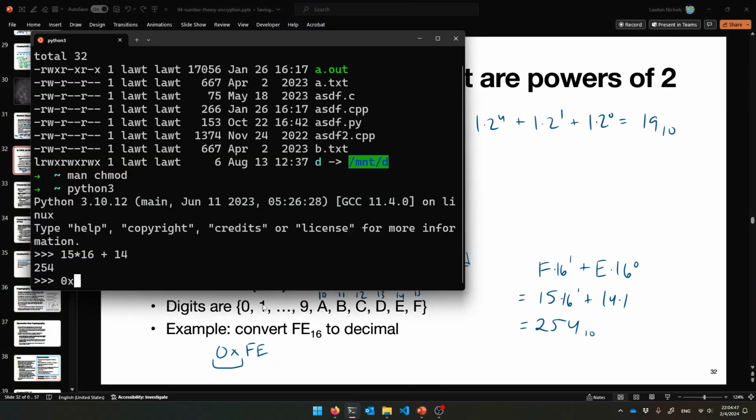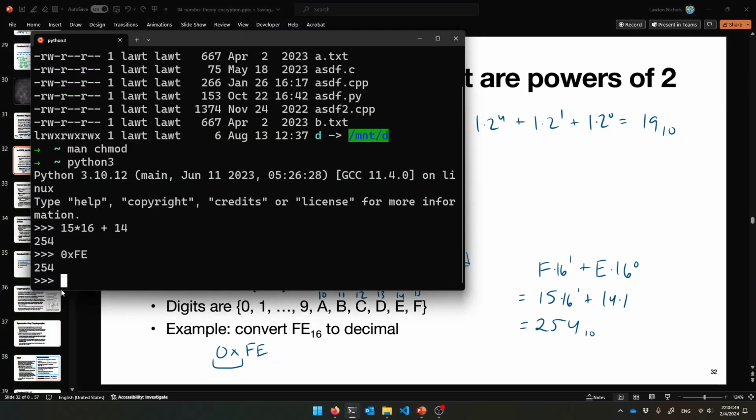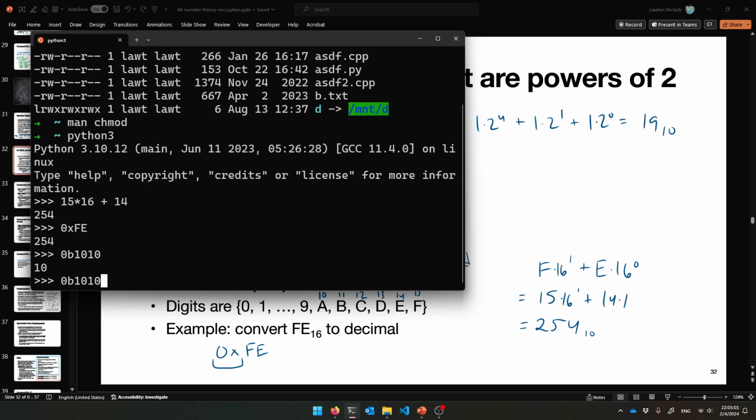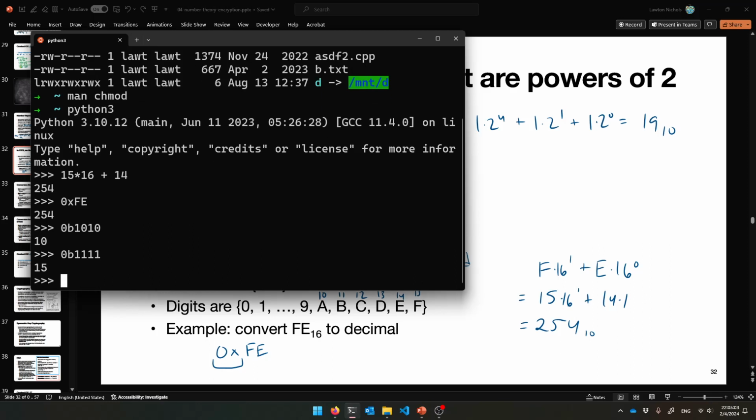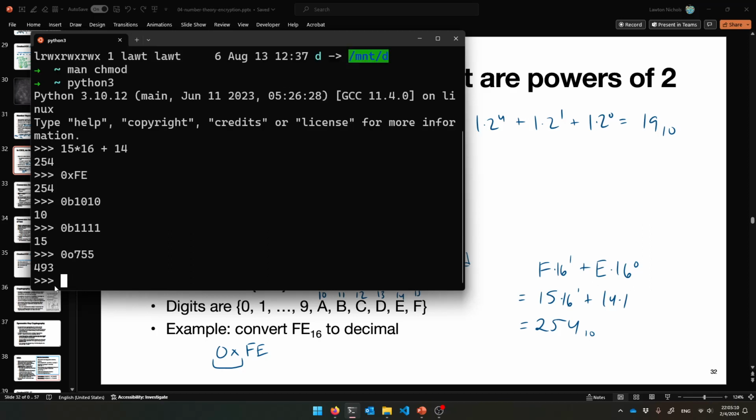So if I say 0xFE, Python will translate that immediately to 254, because that's just how that works. That just prefixes a hexadecimal thing. Same with 0b for binary. 0b1111, that's 15. And I think 0o also exists. 0o755, that's how you can type an octal number.